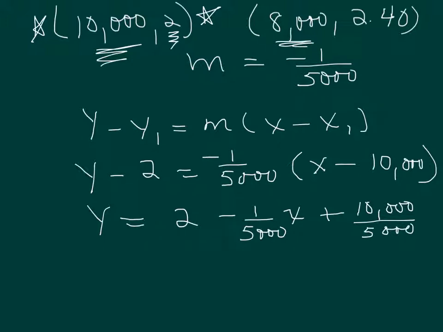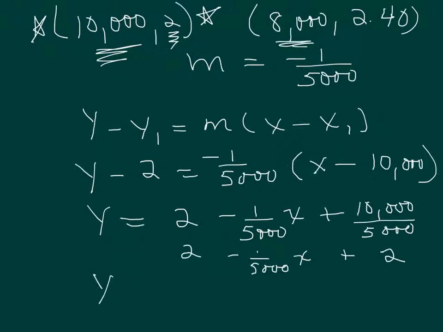Okay, that's not bad. 10,000 over 5,000 is 2. So that's 2. This is 2. And here's my slope, minus 1 over 5,000 x. Combine like terms, and I have 2 plus 2 will get me 4.